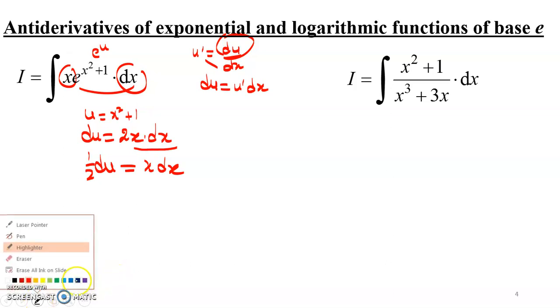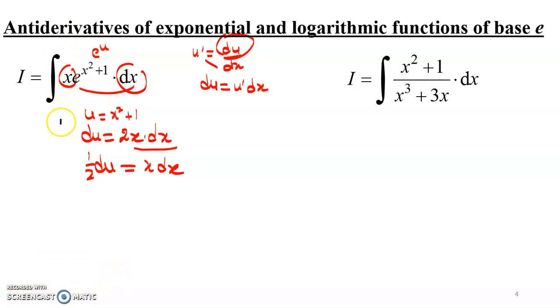So now going back to our integral, x times dx can in fact be replaced by half du, and x squared plus 1 by u, which leaves me with I equals... Now don't forget that from x dx we have a half here, so it's half times the integral of e to the u du.